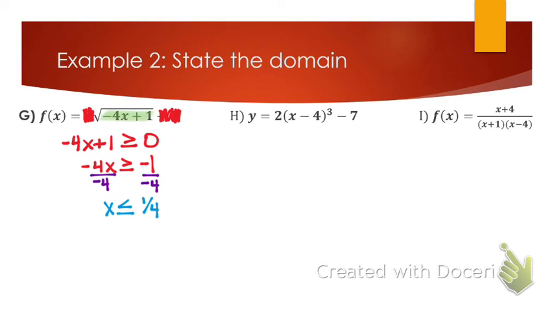Would that be negative infinity to 1/4 or 1/4 to positive infinity? Negative infinity to 1/4. And remember that we can use 1/4 because you can take the square root of 0. So the 1/4 gets a bracket and the negative infinity will get a parentheses.